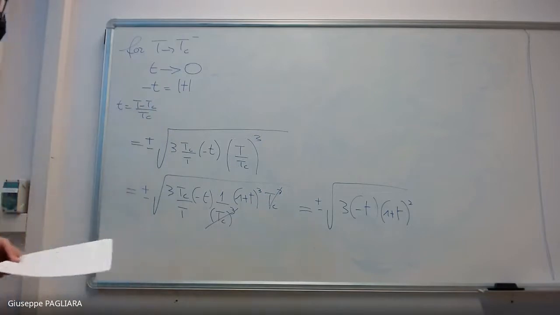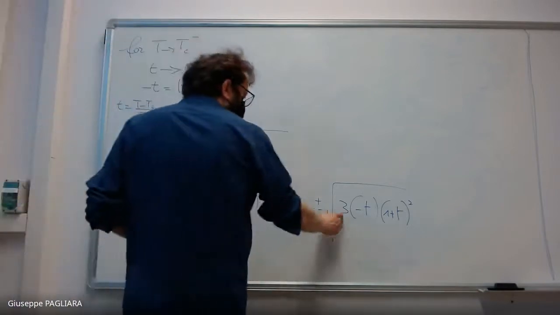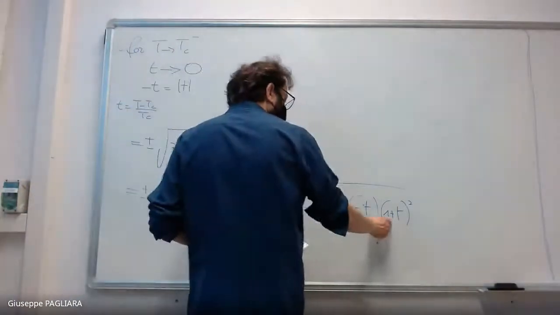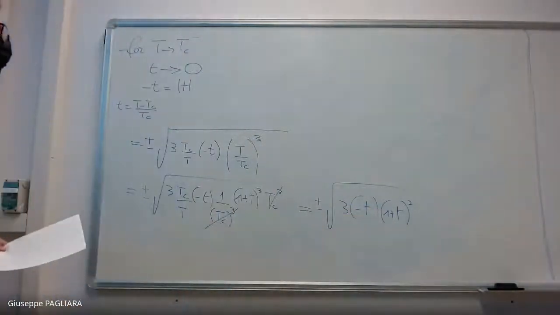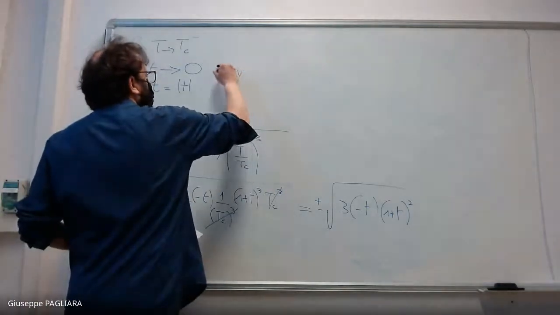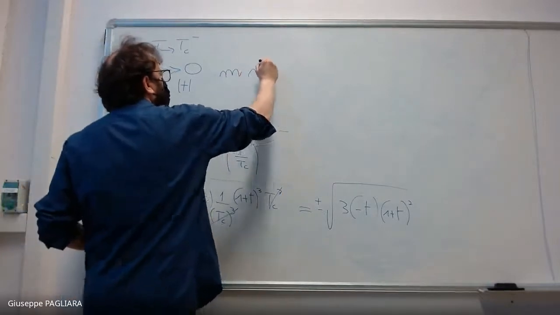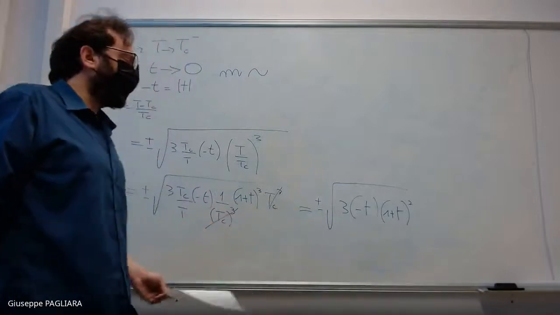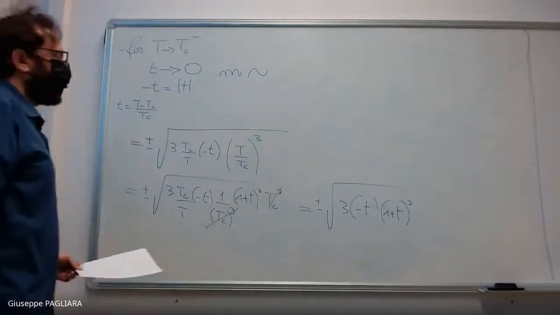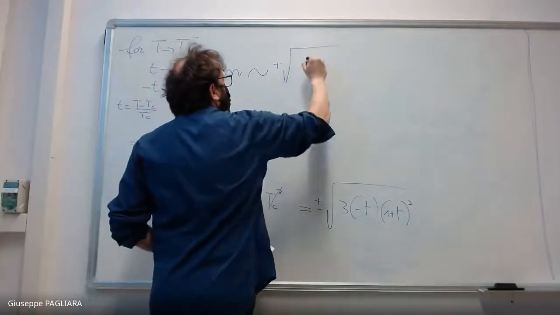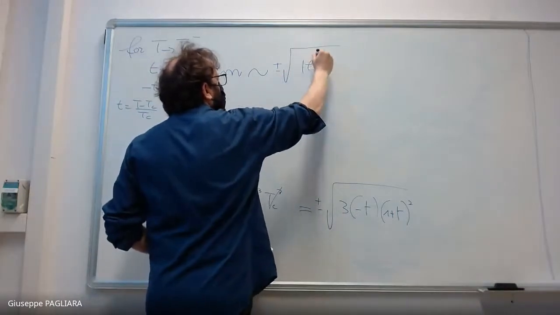Therefore, apart from this term 3, which is not important, here I have 1, and here I have the square root of the absolute value of t. So M, the scaling of the magnetization as a function of t, the deviation from the critical temperature, is plus minus the square root of the absolute value of t.